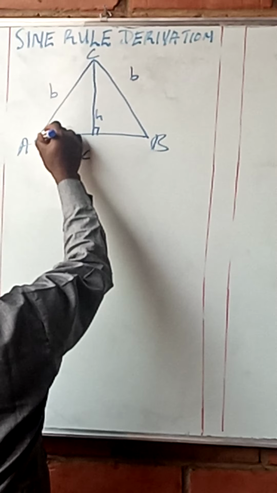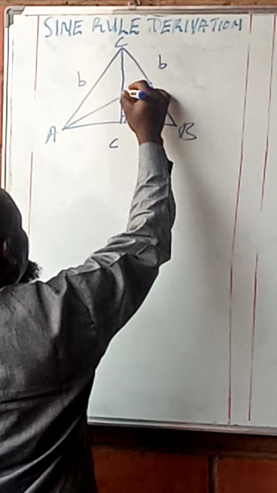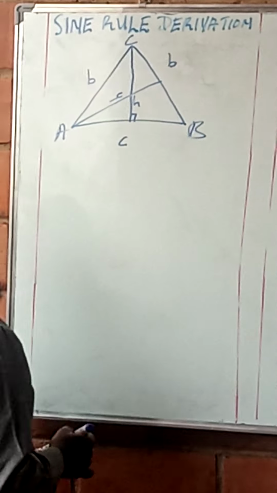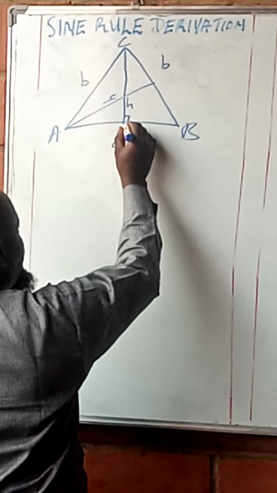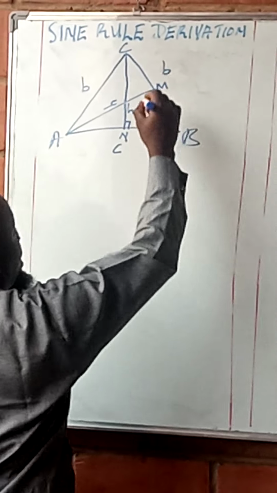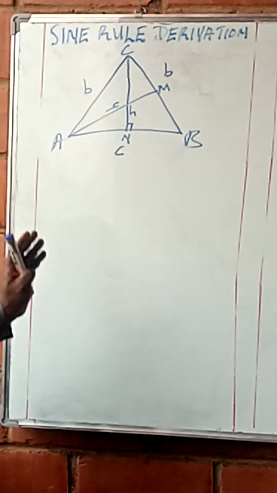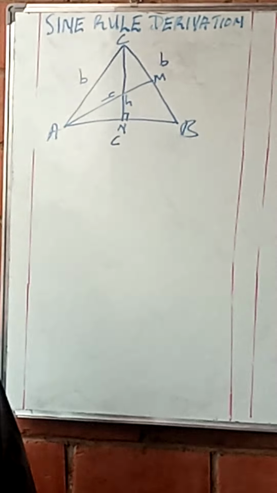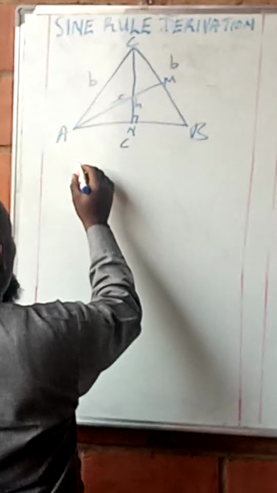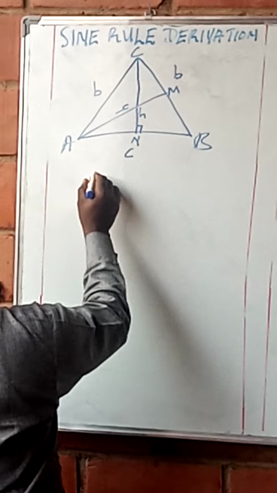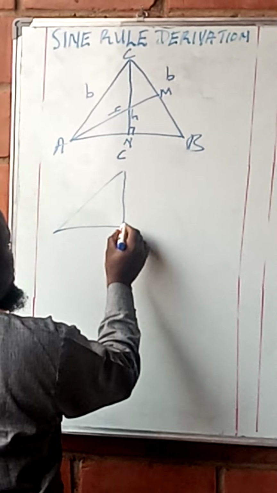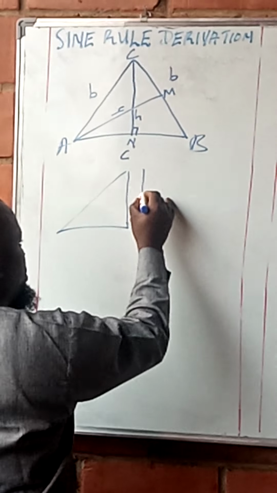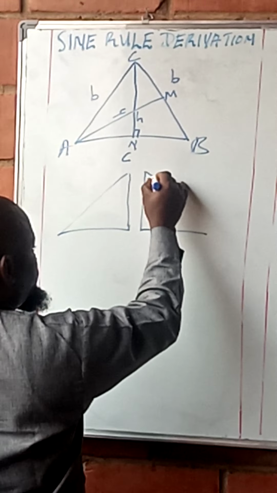You can have another dimension of the height like this in 2 dimensions. Where it forms, you label here n, and here n. So if we consider it like this, we can split it into 2, so that we have something of this nature, and the second one will be like this.